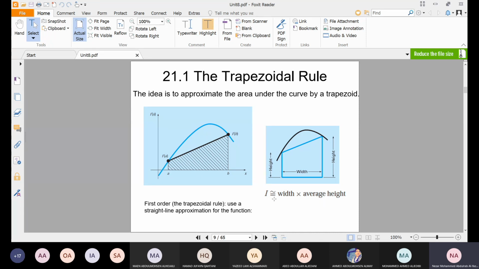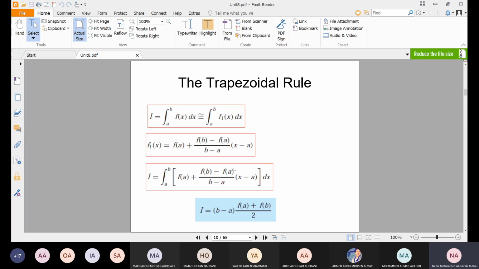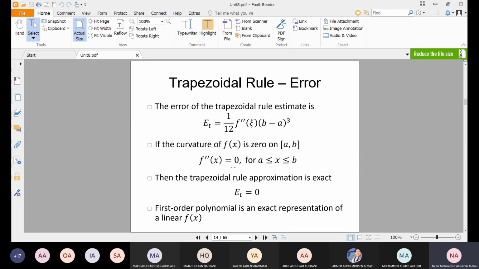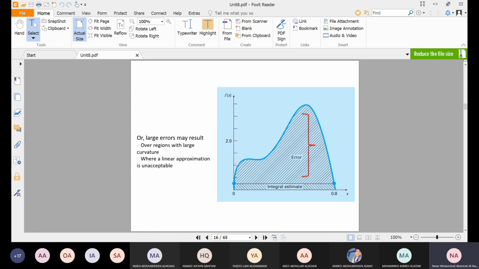As we said, this is just the width multiplied by the average of the height, and we use it to compute the integration of some functions. After that, we found in some examples, like the one in the textbook, the error is very huge, around 89.5%, because if we use a straight line, we ignore all the area above this straight line.